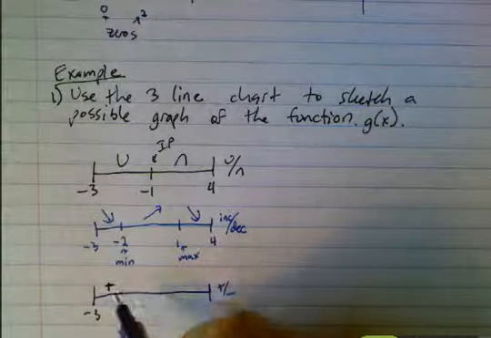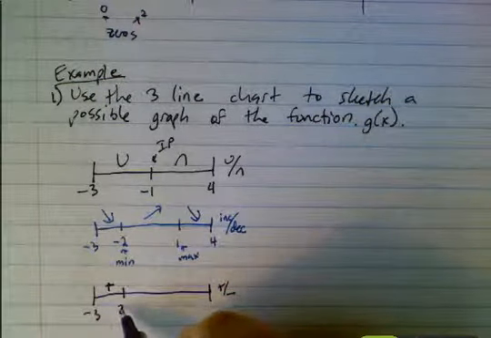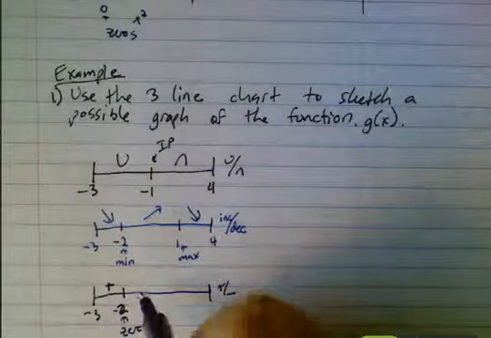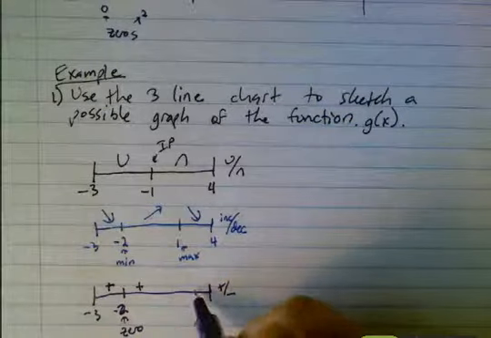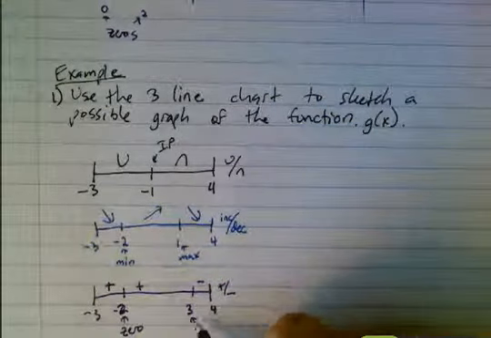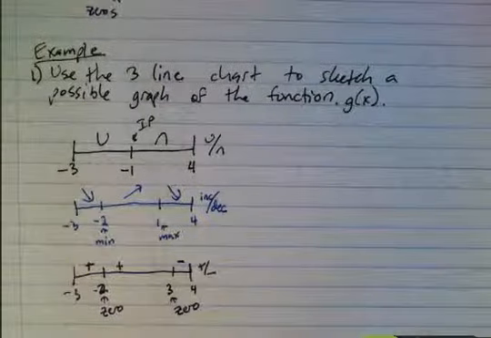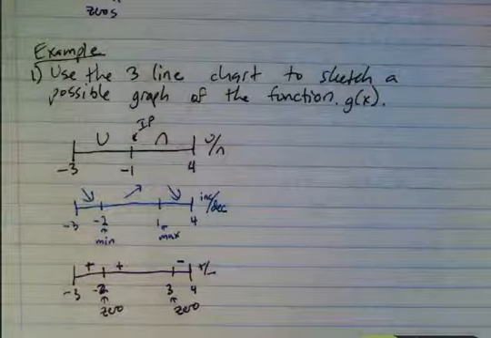The function will be positive until -2, where there's a 0. However, after that, it's positive again until 3, after which it's negative until 4. Okay, pause the video for a second and go ahead and try to sketch a graph of that. Start the video again when you're ready.